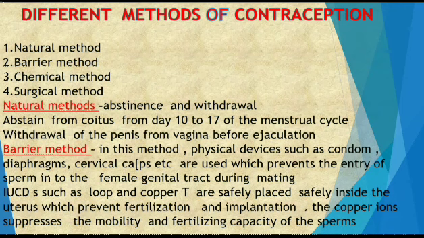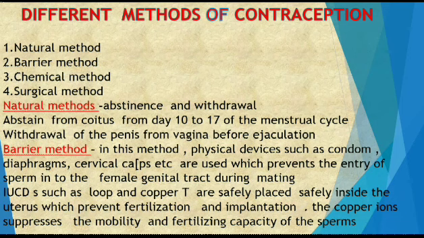Different methods of contraception. There are many different methods. Contraception means preventing unwanted pregnancy. Number one is the natural method. Natural method means just withdrawing, that is, do not eject sperm inside the body of the female. Barrier means just protect the body.